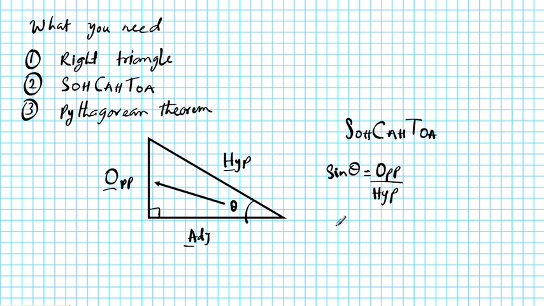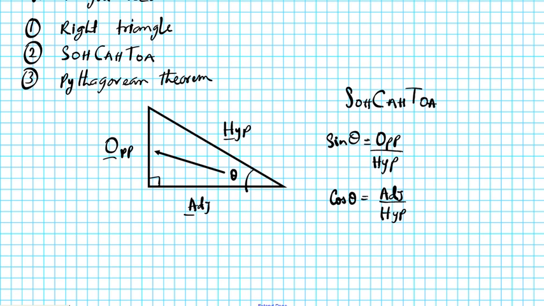And cosine of theta is what? Adjacent over hypotenuse, the A and the H from SOHCAHTOA. And then tan theta is TOA, opposite over adjacent. So this is going to be opposite divided by adjacent.